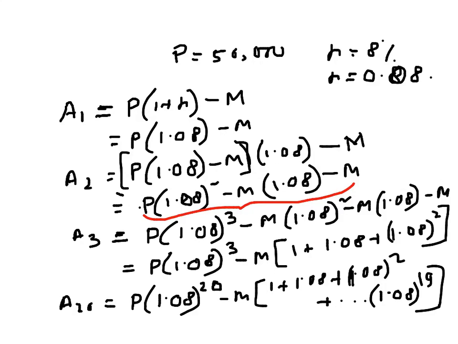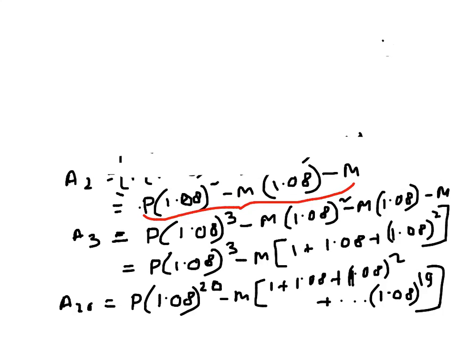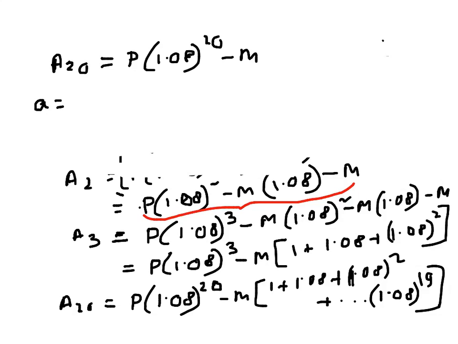So if I write the summation, A20 is P(1.08)^20, then minus M times the sum where a is equal to 1, r is equal to 1.08, and n is 20 terms: to the power 0, then 1, 2, up to 19, so 20 terms.